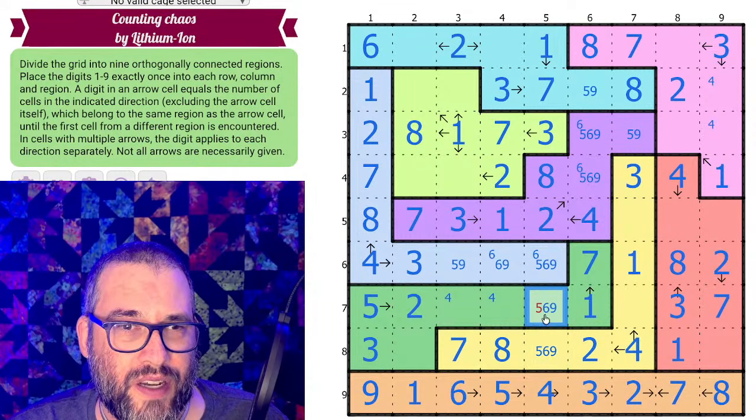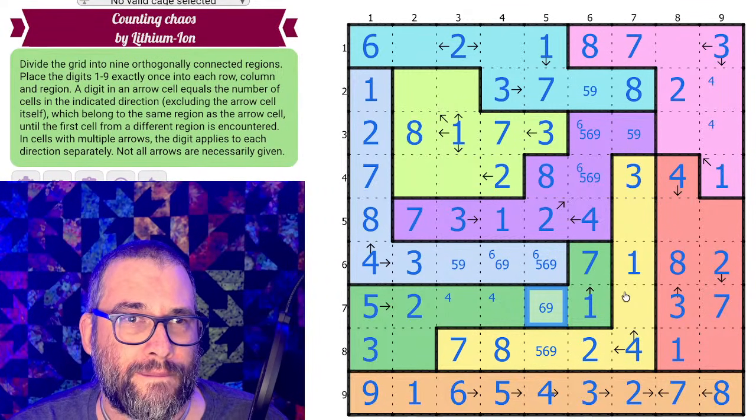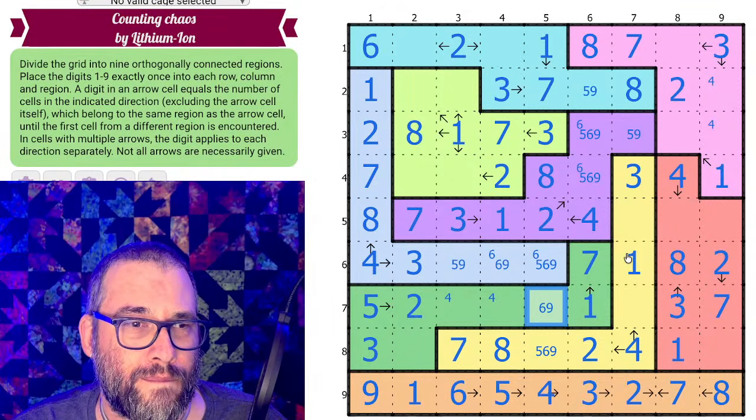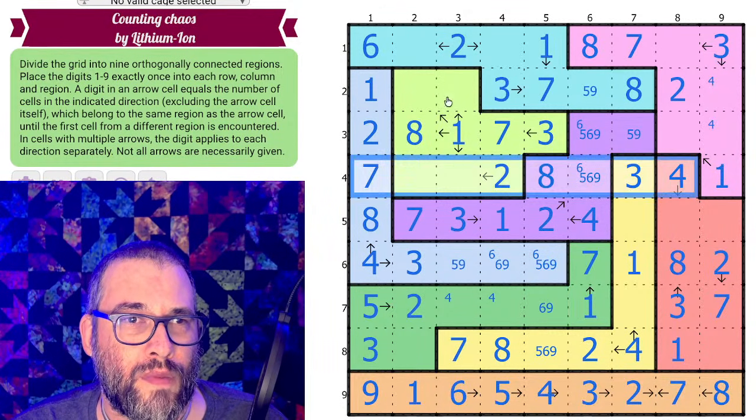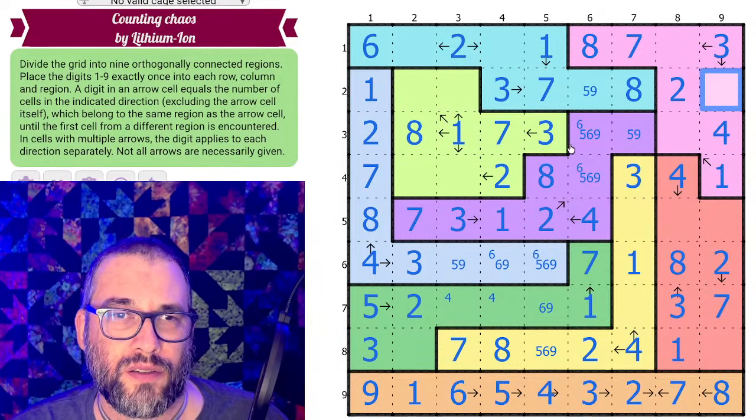Five, 6, and 9 left in this column. Four looks over here, so that's 4.